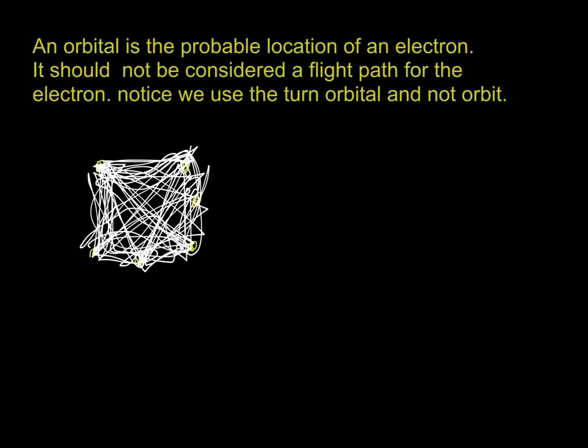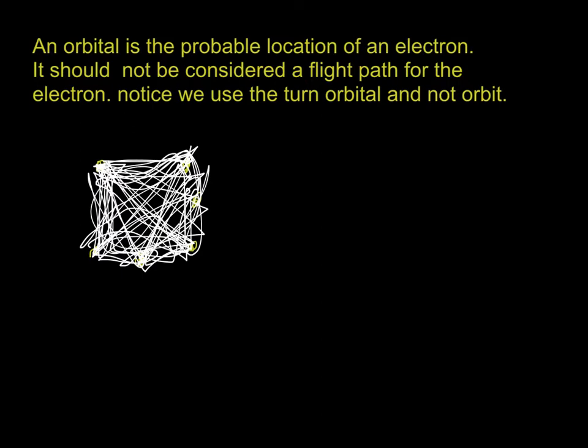So when we say the orbital for an electron, what we're really saying is where that electron likes to hang out, and where, if we were to check at a given point in time, we would likely find that electron.